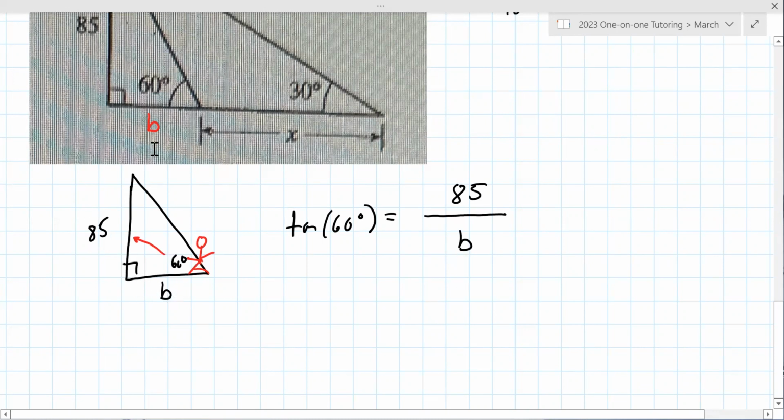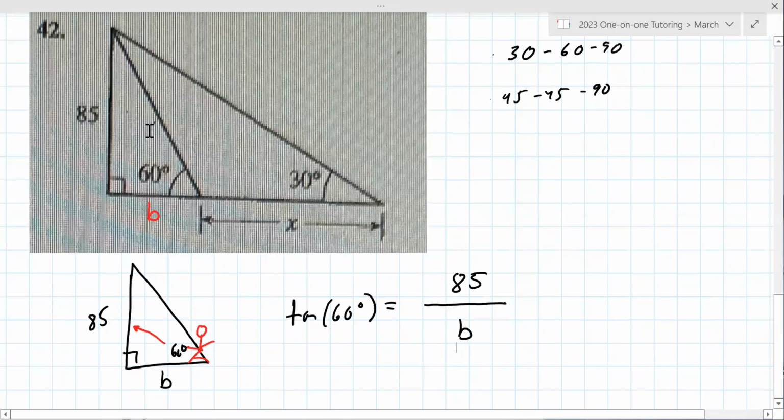We'll get to why we're doing that in a moment, but for now, let's just be okay with that. So go ahead and solve that for b. It's just like the last problem, just different numbers. We'll round to maybe one decimal place.